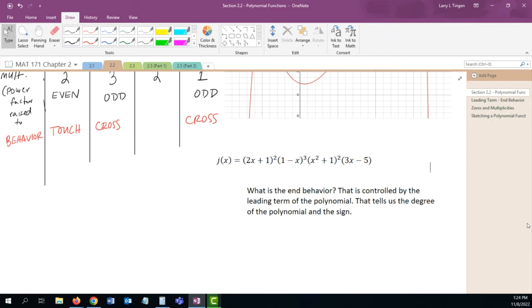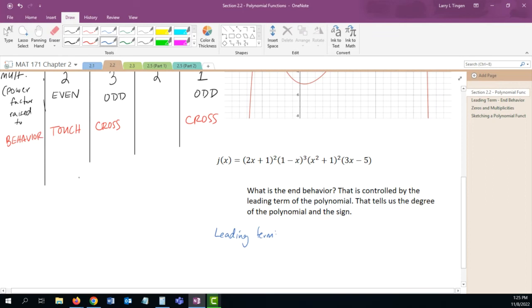All right. So this is where we have to get a little creative. Okay. So if this is j of x, the only thing I care about is that leading term. So what I'm going to do is just hunt down that leading term. 2x plus 1, all squared.